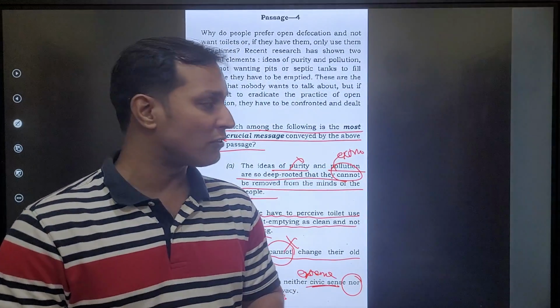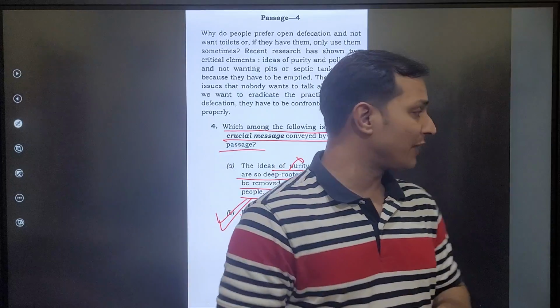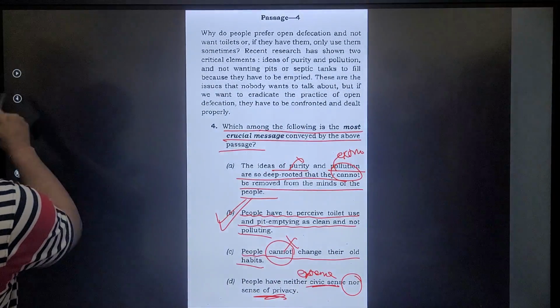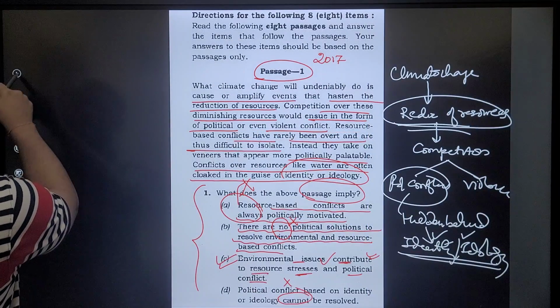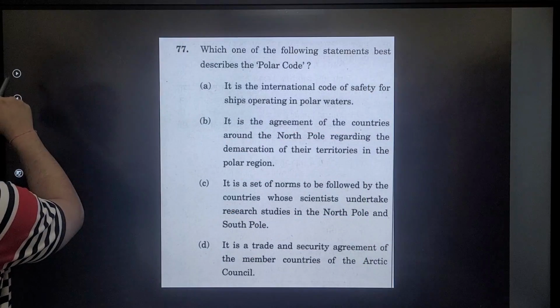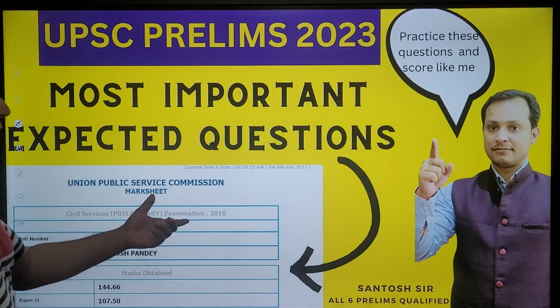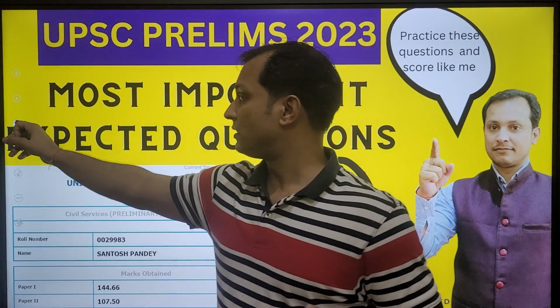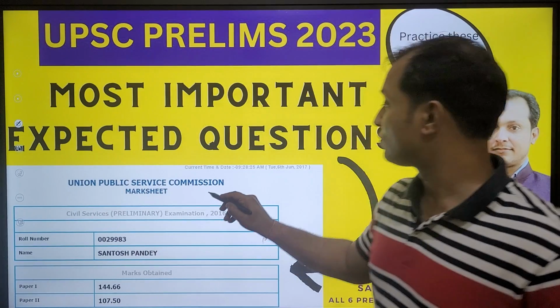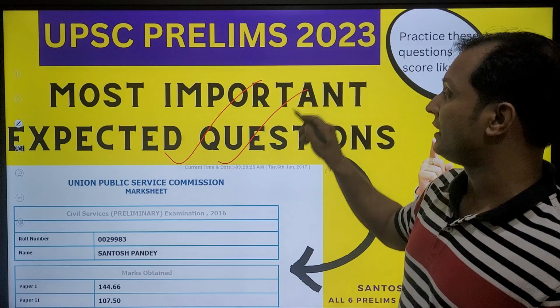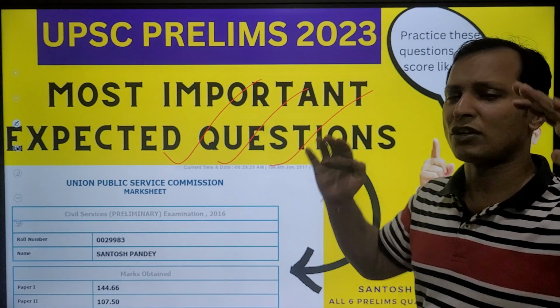Guys, one more thing I would like to tell you is that I have framed some important questions for General Studies paper 1. If you are struggling with the General Studies 1 preparation, please solve my most important and expected questions. If you are not that prepared and you need to focus, what should I read in the next 20 days so that my chances of qualifying the exam increase.